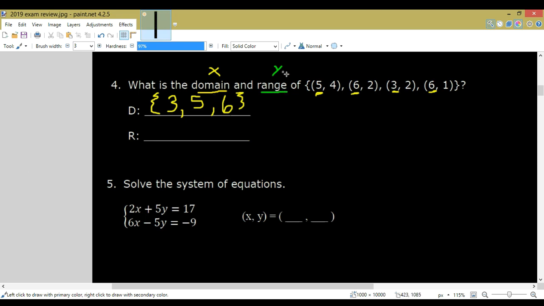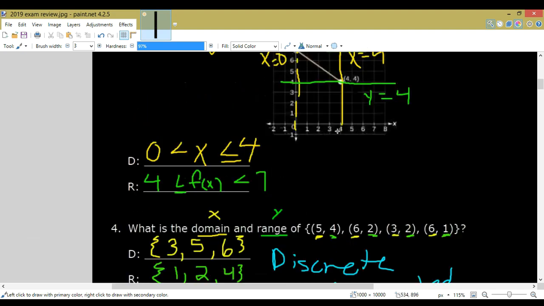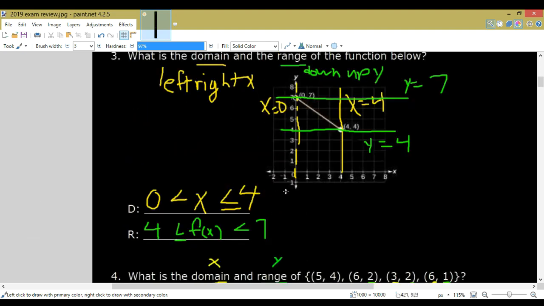Now for the range, the y values, that's the second number of each of these. 4, 2, 2, 1. So our range from lowest to highest would be 1, 2, 4. Since these are just numbers that are being listed, this is not contiguous. This is discrete. Number 3 was not discrete.